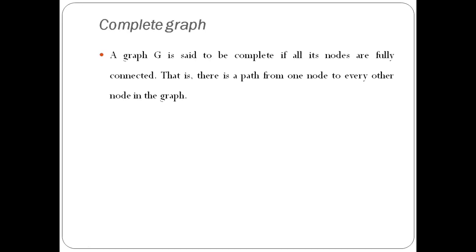A complete graph. A graph is said to be complete if all of its nodes are fully connected. Fully connected means that there exists a path from one node to every node present in the graph.